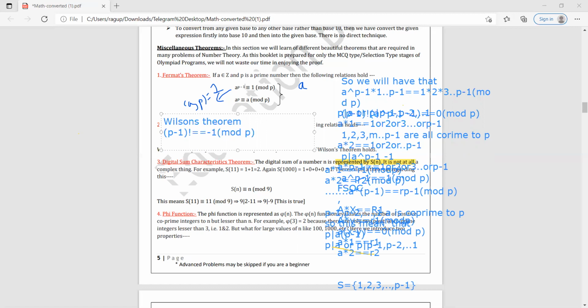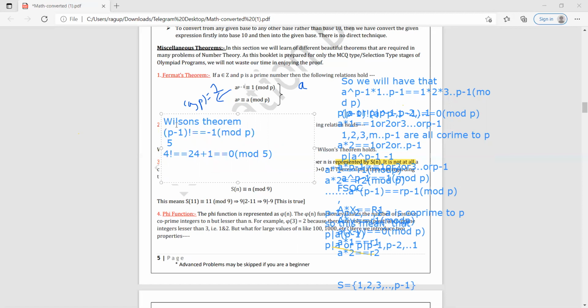So if we have a prime number, let's say 5, we see that 4 factorial is 24, and 24 plus 1 is divisible by 5, that is 25, we know that. So this means that 4 factorial is congruent to minus 1 mod 5. And if you check it for all primes, then it is true.